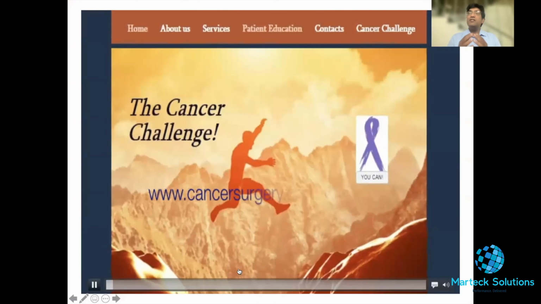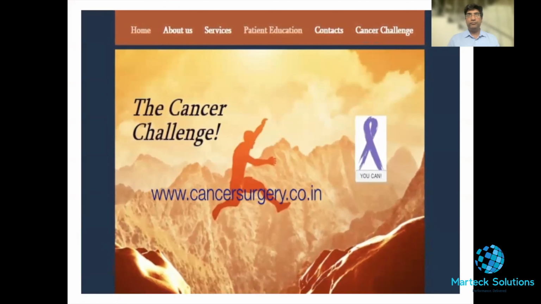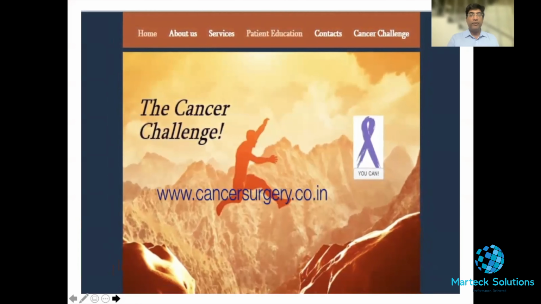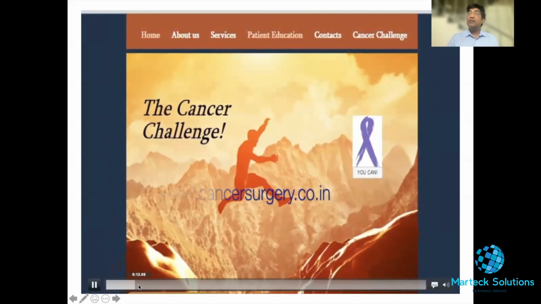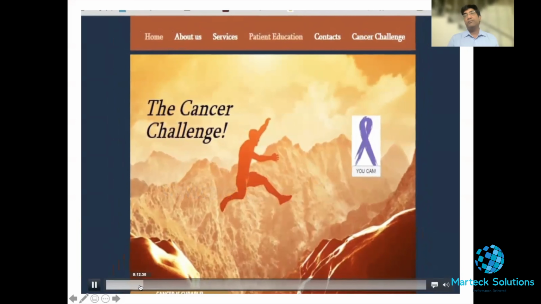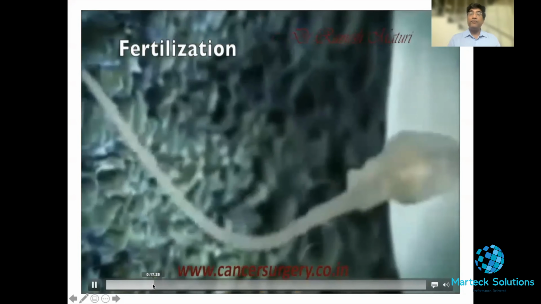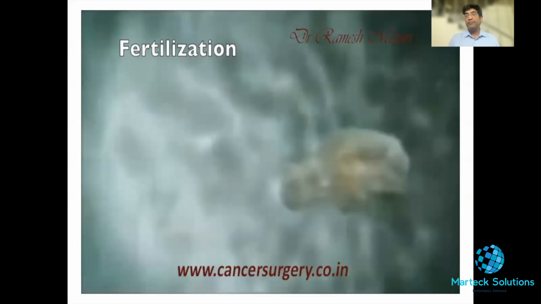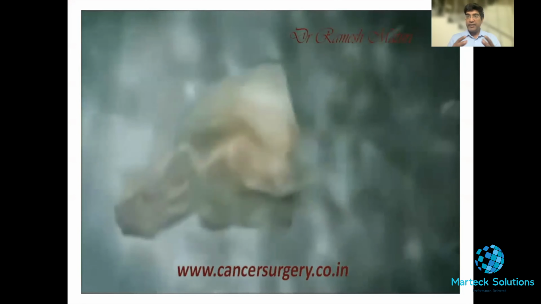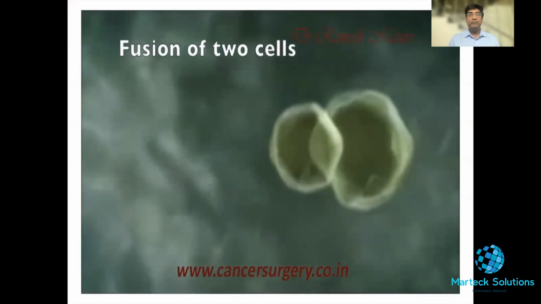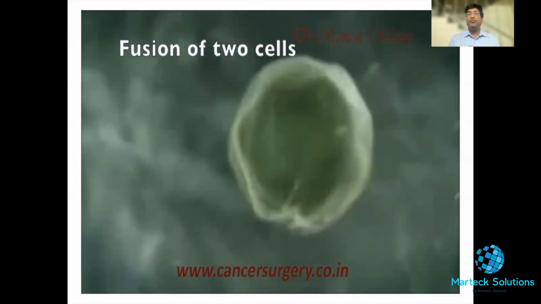Now, for us to understand what is cancer, it is very important that we understand how human life develops. And we are all aware that human life starts with a fusion of two cells. And these cells divide again and again in a very controlled fashion.